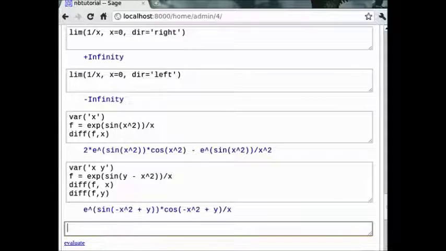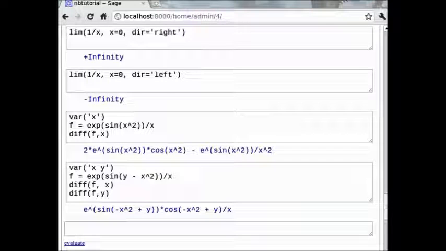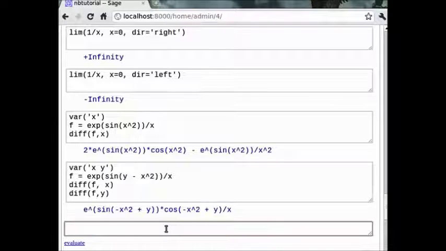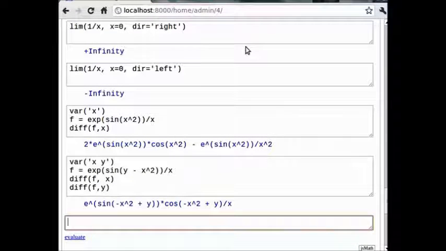Now let us look at integration. We shall use the expression obtained from the differentiation that we did before, that is diff(f, y), which gives us the expression e raised to sin(-x^2 + y) multiplied by cos(-x^2 + y) by x. The integrate command is used to obtain the integral of an expression or function.